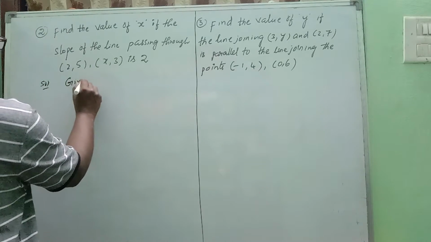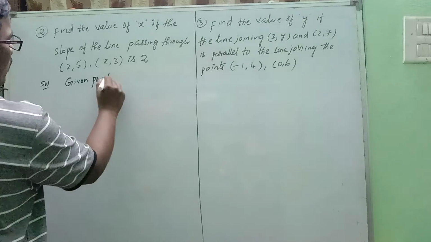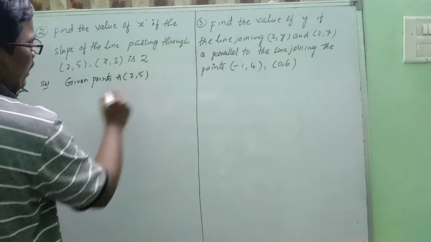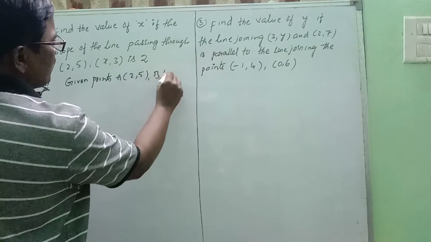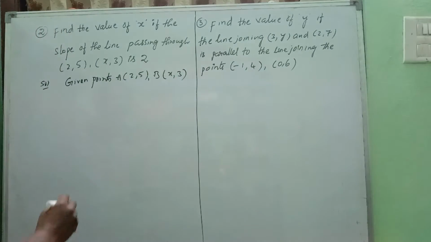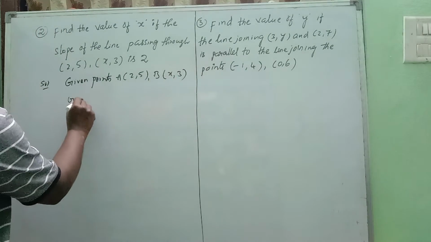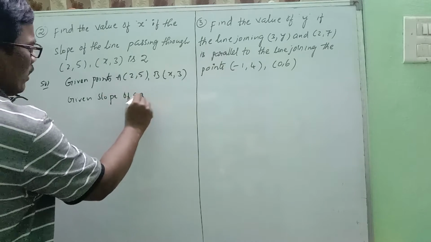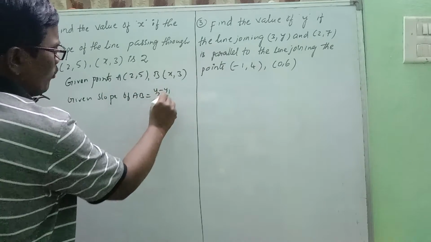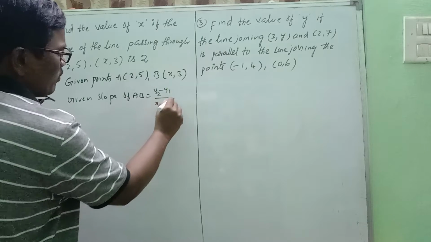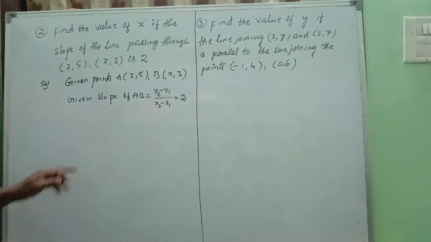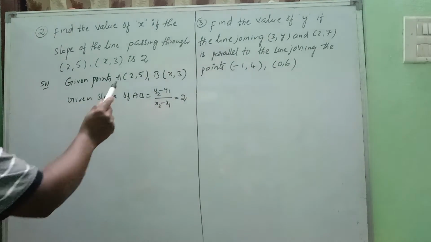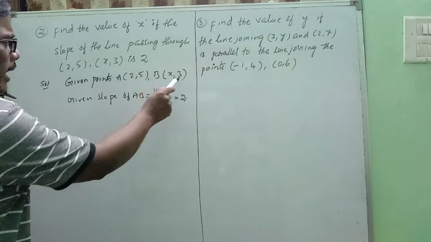Given points, take A as 2, 5 and B as x, 3. Given slope of AB, the formula is y2 minus y1 by x2 minus x1 equal to 2. Here this is x1, y1 and x2, y2.